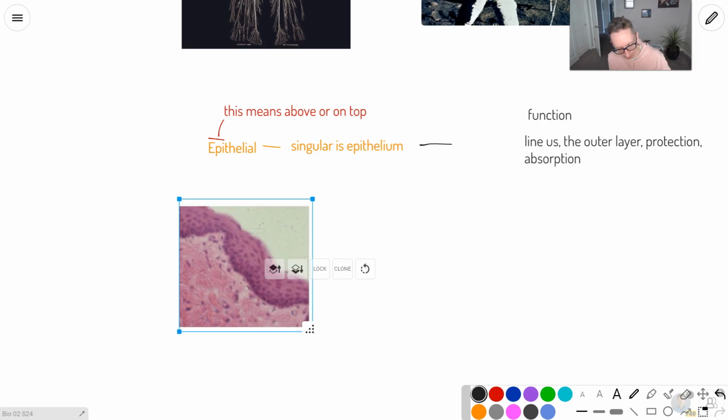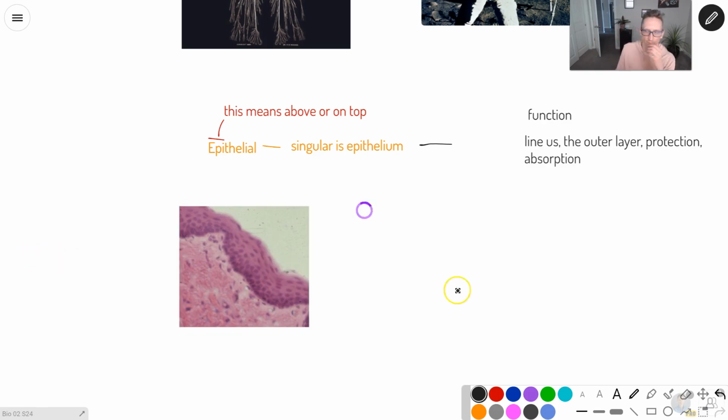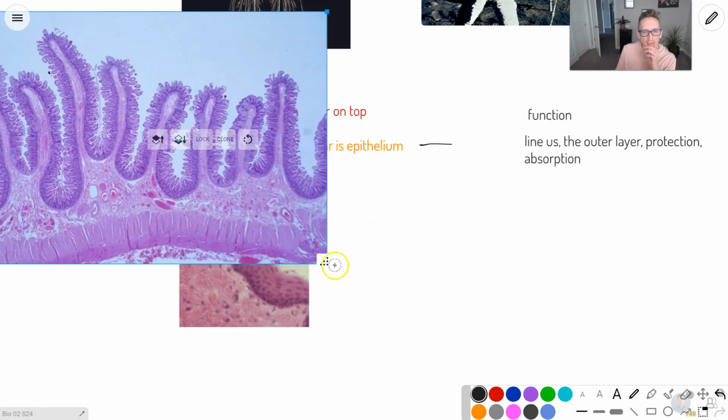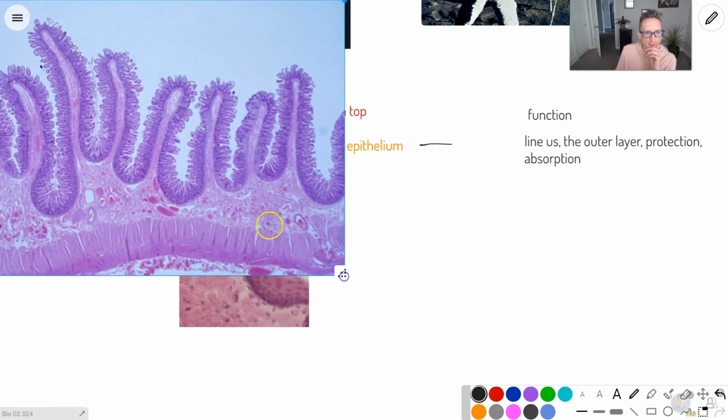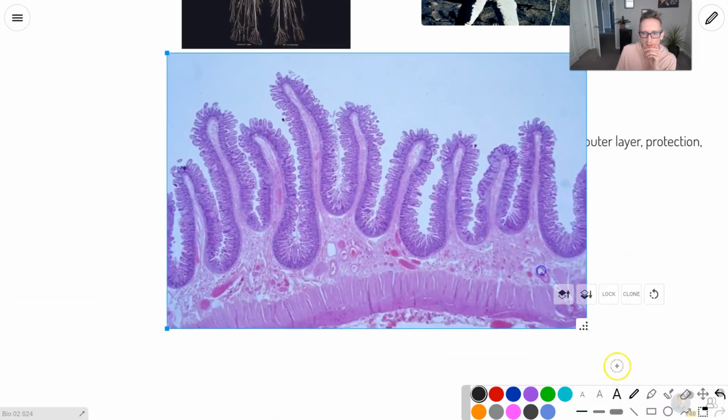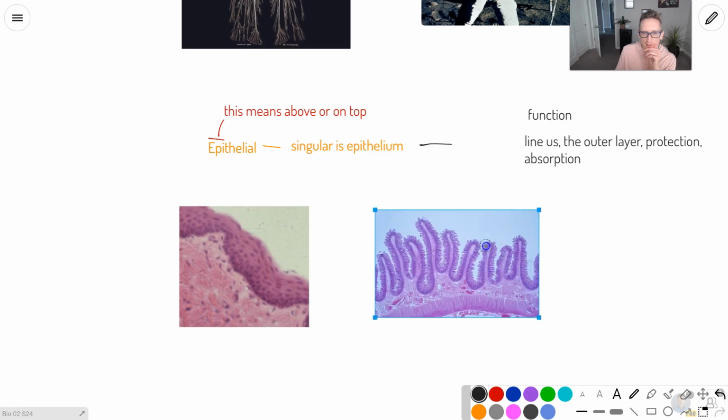Here's a kind of cross section of our intestinal tract here. You can see we've got this outer layer here would be the epithelium. All these little cells here making up these villi and microvilli. So some examples would be our skin.